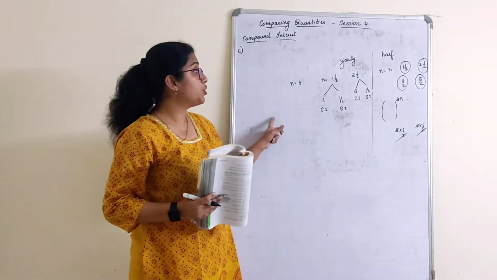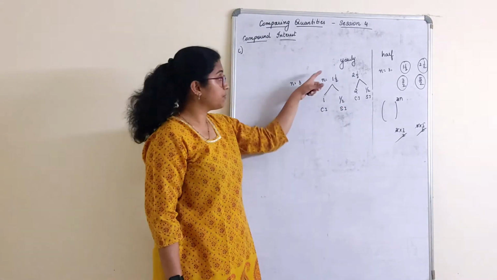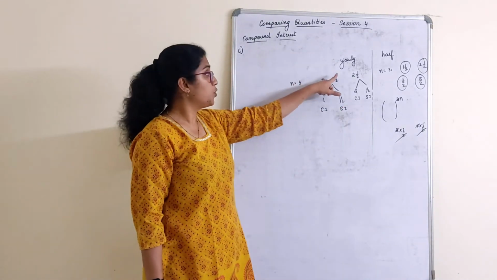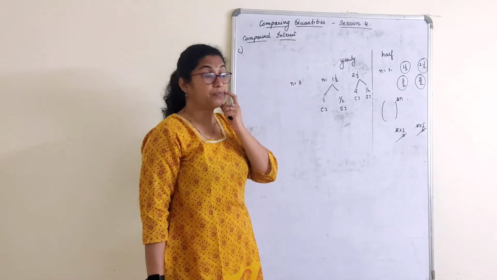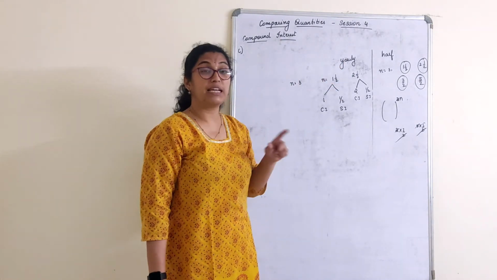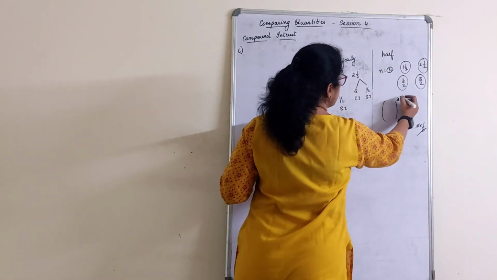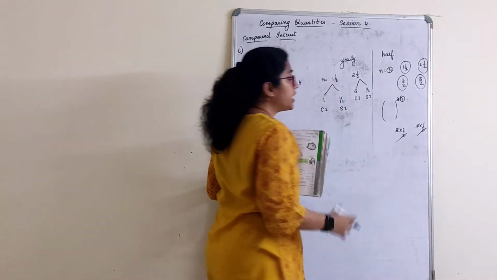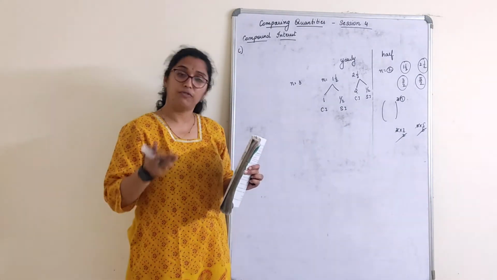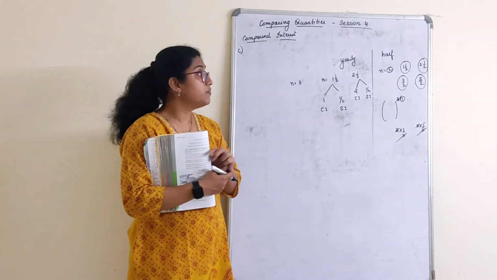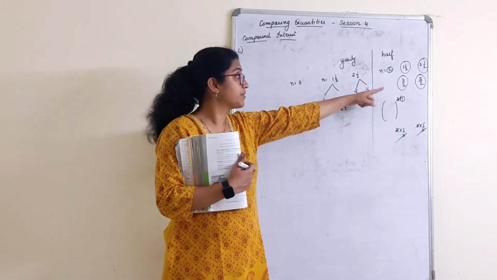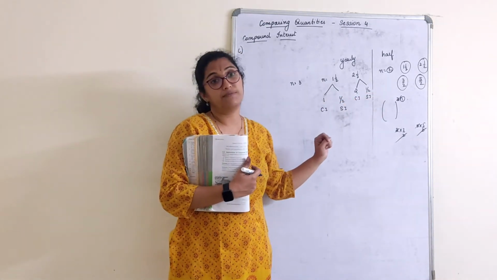And reminding, if you want, you can just make a note somewhere. Previous time I had told, don't go for the time. That was for yearly. Half yearly also, don't go for the time, but it depends on how it is given. Suppose directly n is equal to 3 is given, this is 2 into 3, 6, we do it, right? We apply the same formula. But what if it is given in fraction? We can go with this formula, okay?